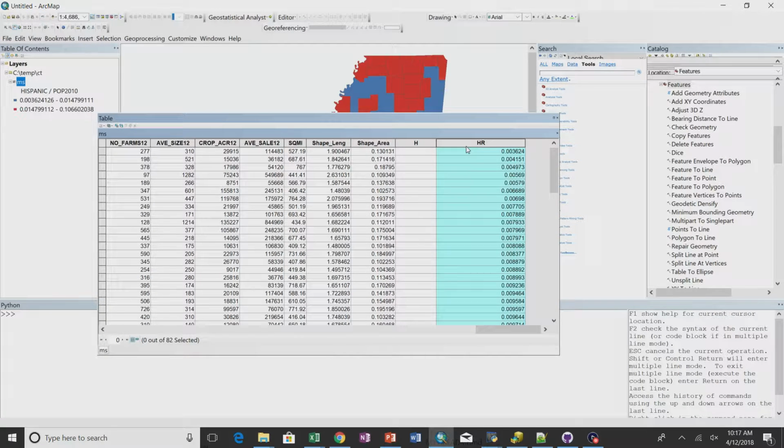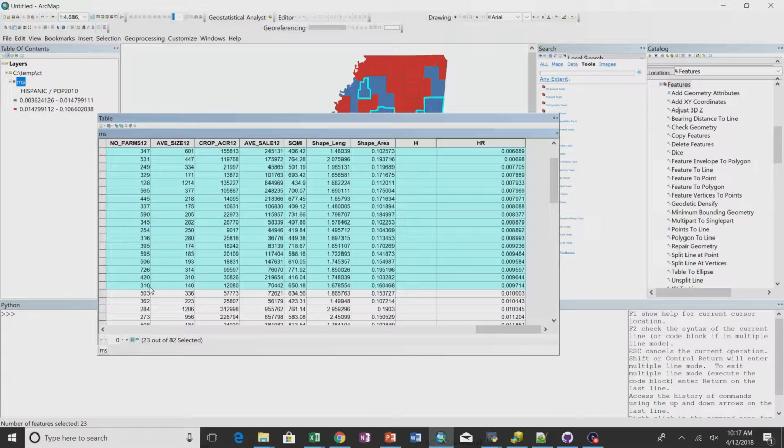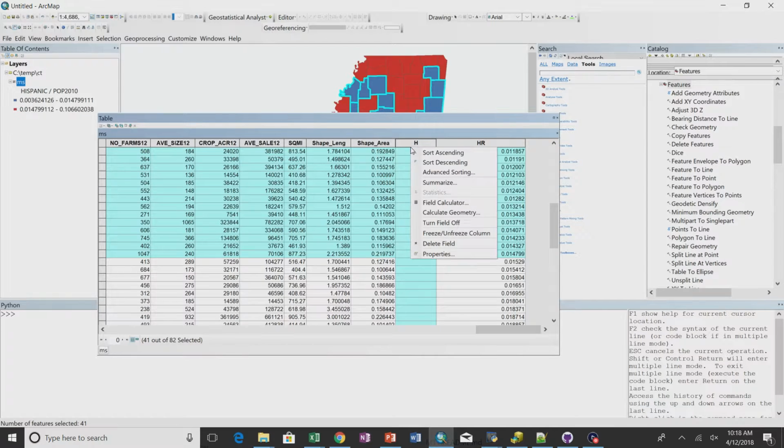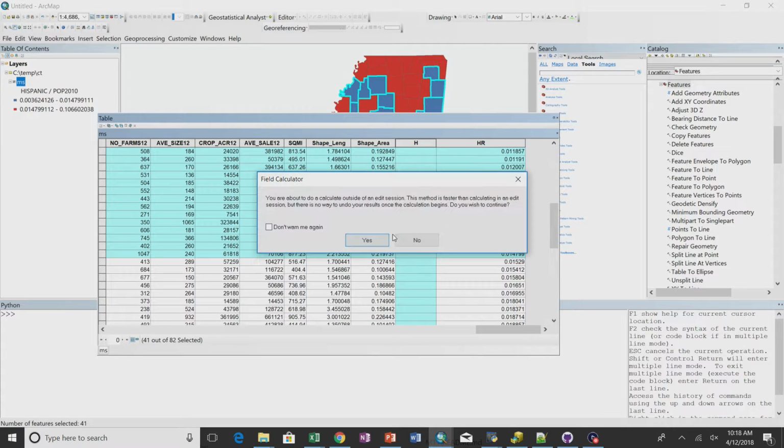So it might just be faster to sort them and select 41 counties. 41 counties selected.